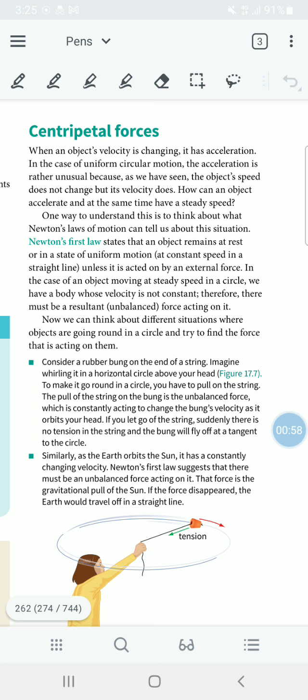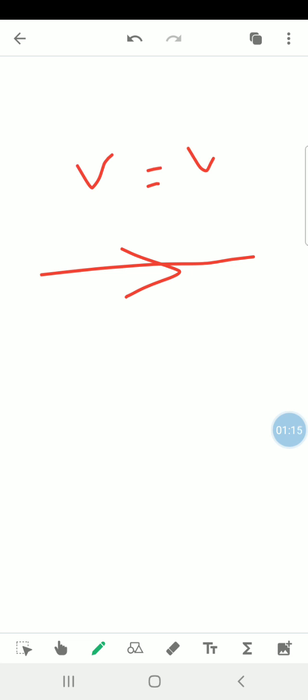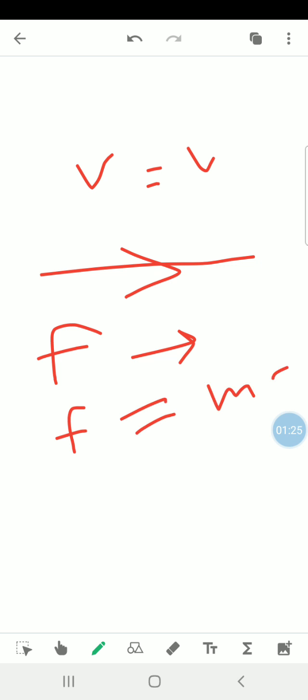Now, if you take something to be moving in a straight line, in this particular direction with a velocity of v, then if a force acts in the same direction, it would get an acceleration based on this equation.